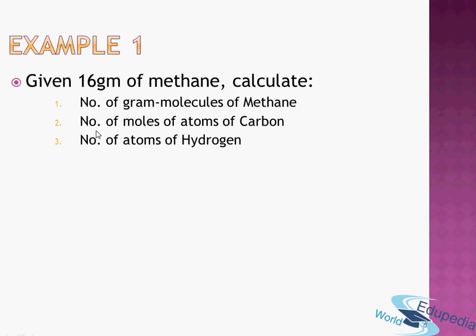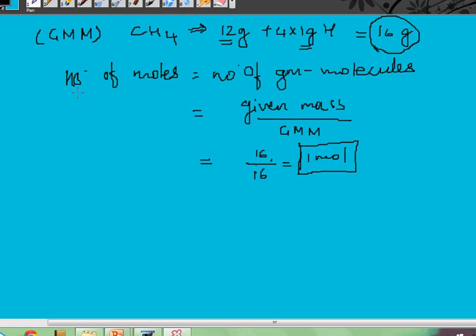Next part of the question, what is the number of moles of atoms of carbon? Okay, so again CH4, we just saw that 1 molecule of methane has 1 atom of carbon.